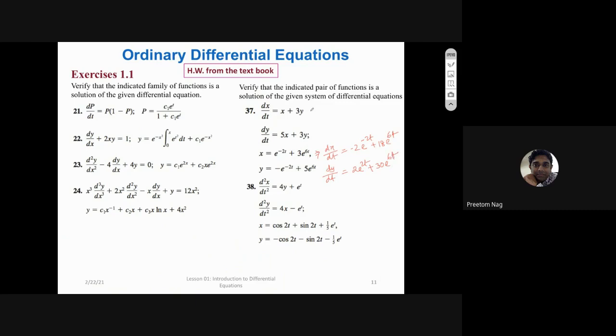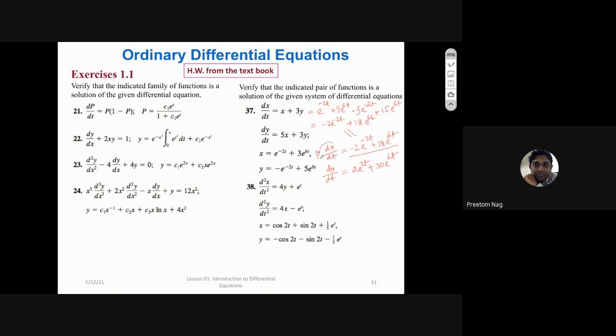Now we have to check whether x plus 3y is exactly this one or not. So what will be x plus 3y? x is e to the power minus 2t plus 3 e to the power 6t. This is minus 3 e to the power minus 2t plus 15 e to the power 6t. So we can see minus 2 e to the power minus 2t plus 18 e to the power 6t, which is the same as this one.